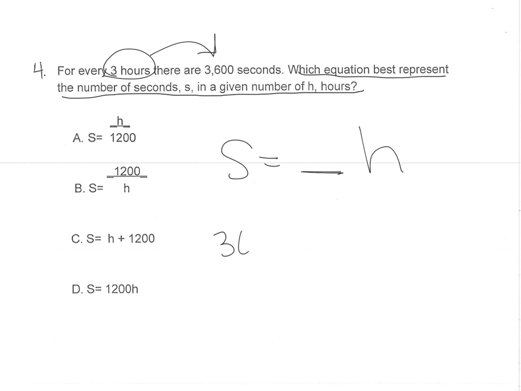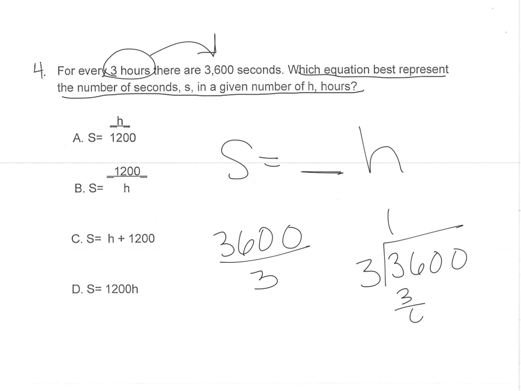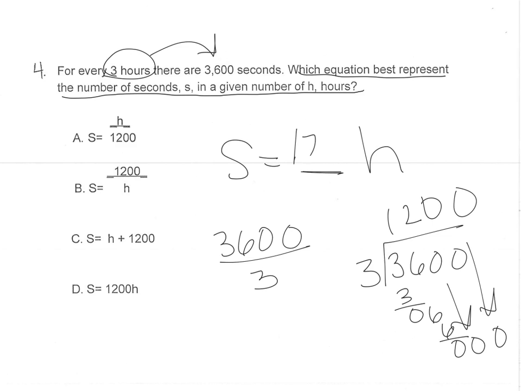So 3,600 divided by 3. What times my hours gave me that many seconds? 1,200. You kind of have to work this one backwards.